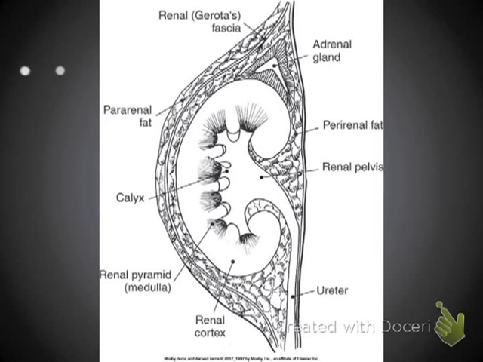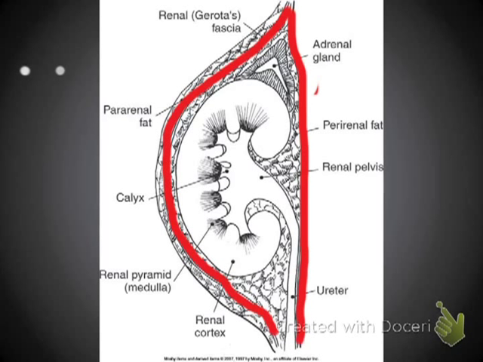So looking at this diagram, we see that we have the adrenal glands here, and then we have the kidney. And if we'll notice, we have this structure kind of running here, and that is Gerota's fascia.